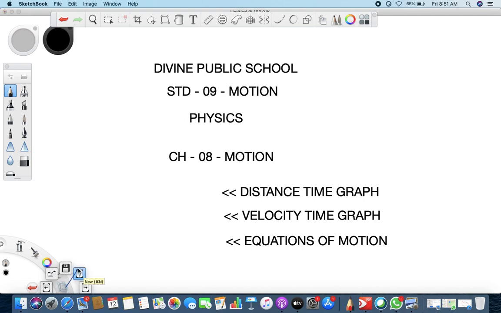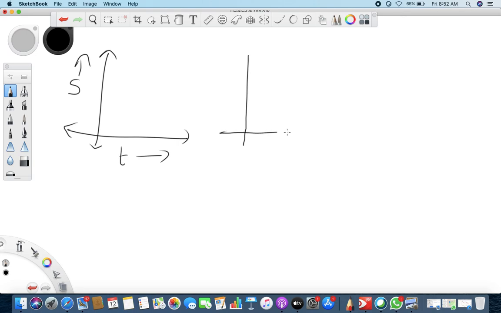Now yesterday we learned three graphs. The first graph is the distance-time graph. In this graph, distance we represent as s, and time we represent as t. So this is how you have to show it whenever it is a distance-time graph. Now let me draw three of them, so that will help you understand what they mean.